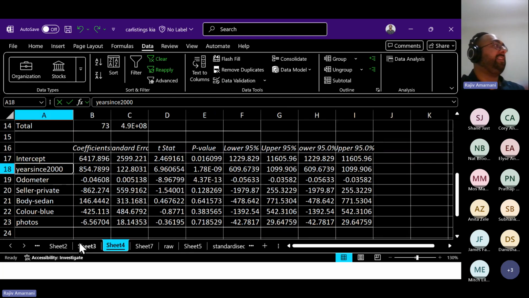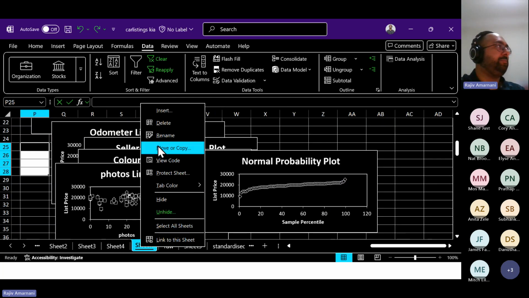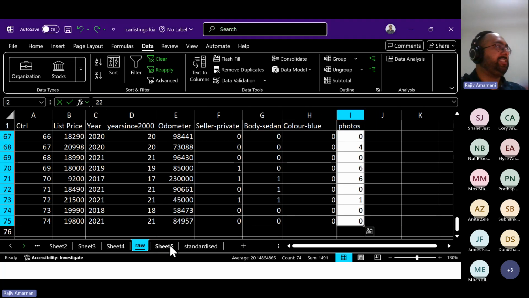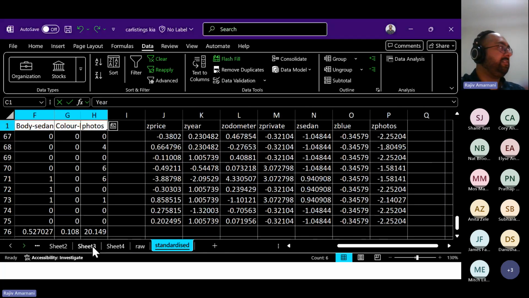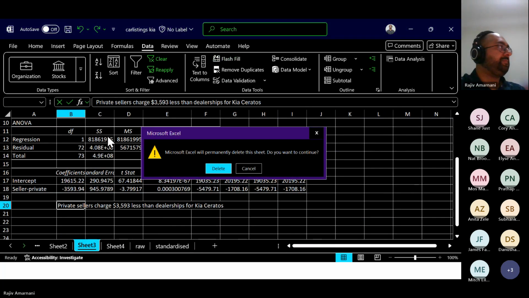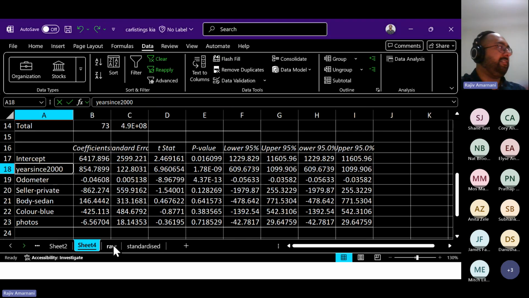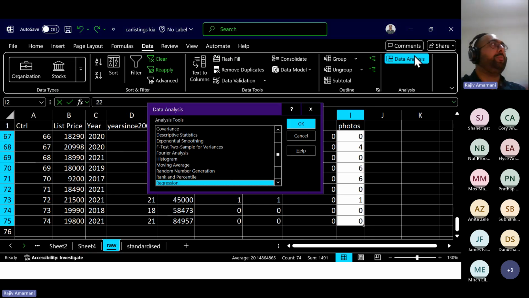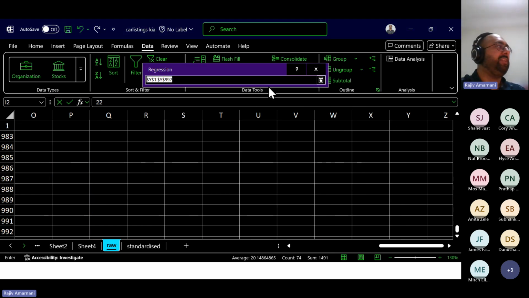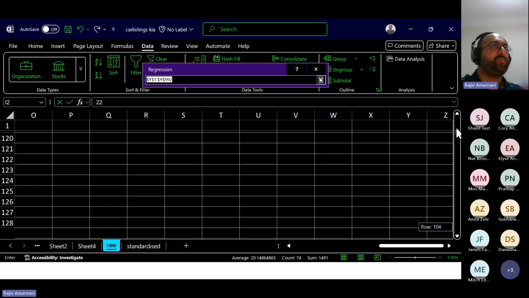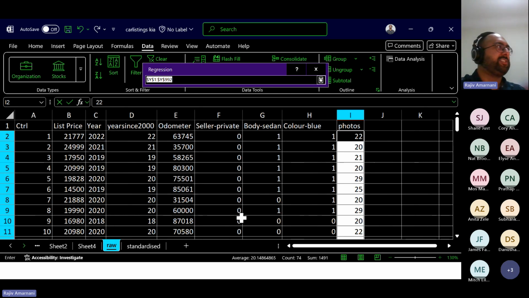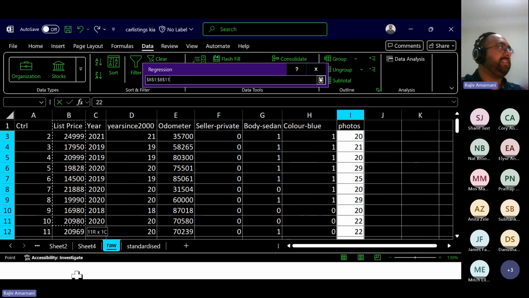So here we have the original model. I'm going to delete a bunch of these extra worksheets here. Okay, we're back to raw. We're going to go back to car listings and we're going to do a stepwise regression model. Remember how I said you generally will have multiple regression models? This is why, because you may find yourself doing a kind of stepwise process.